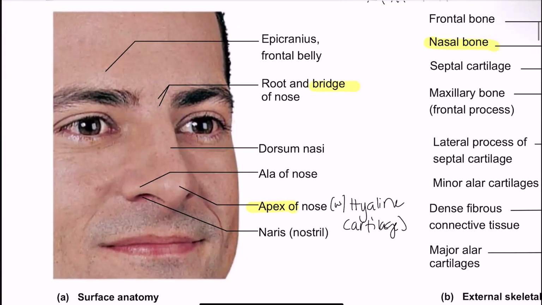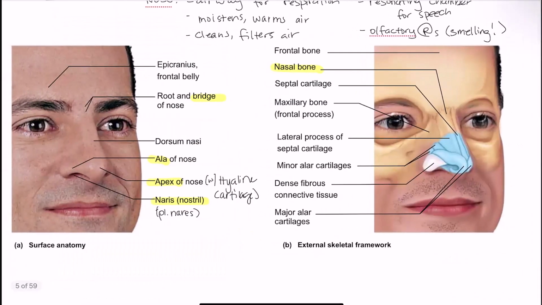The nostrils are called the nares. So plural is nares. Those are just the nostrils, and then the little flap of skin on the outside of the nostrils is called the ala. Okay, so that's the outer portions of the nose.